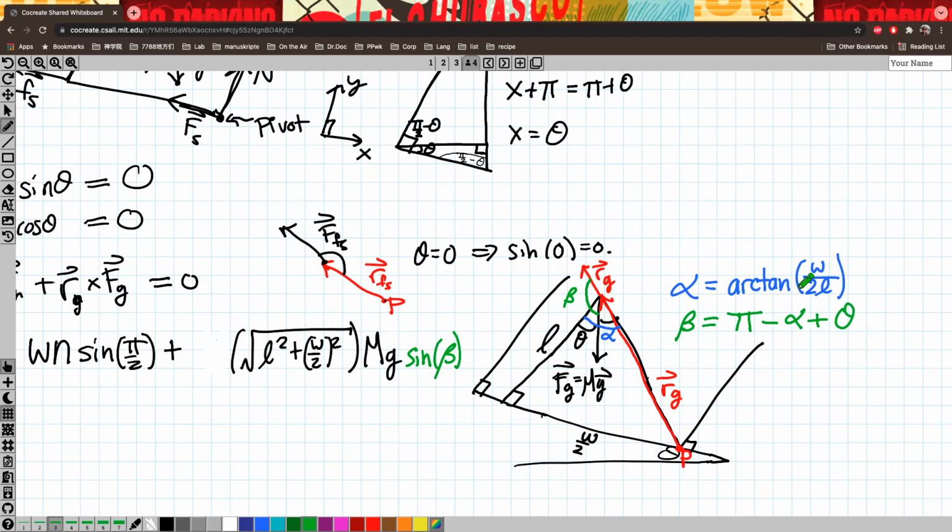And then you can try to figure out the sine of beta based on what we know here. We could write sine of pi minus alpha plus theta, and then substitute alpha with arctan of W over 2L. Yeah, and that explains everything in terms of what we were given.